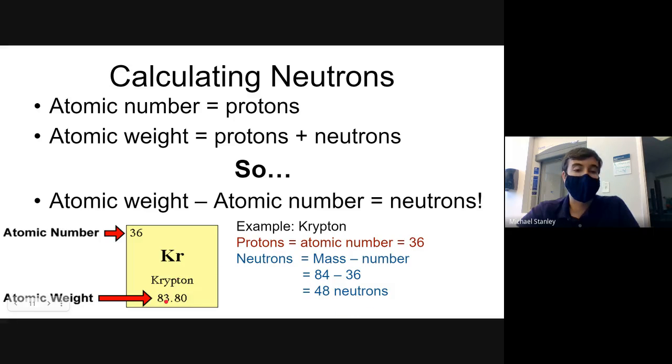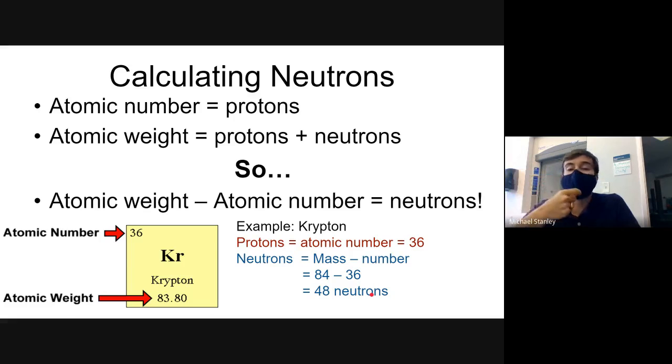So krypton has a weight of 84 and 36 protons, so 84 minus 36 is 48. To figure out the number of neutrons an atom has, you take the rounded atomic weight, subtract the atomic number, and it will tell you how many neutrons.